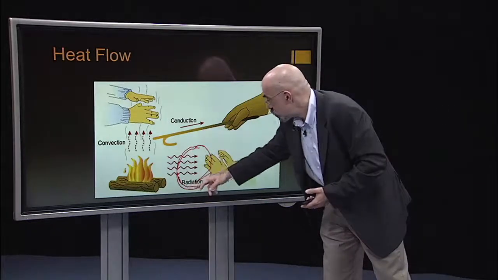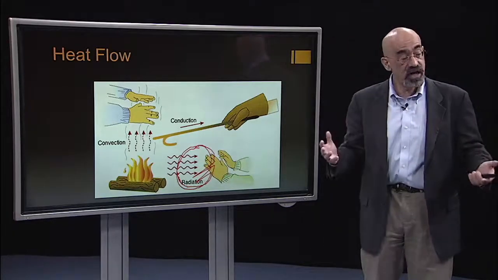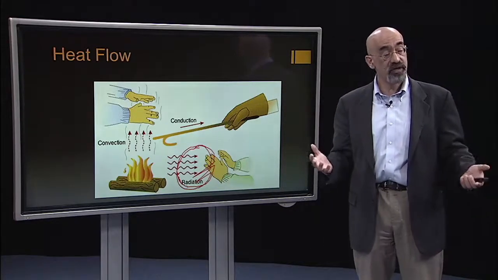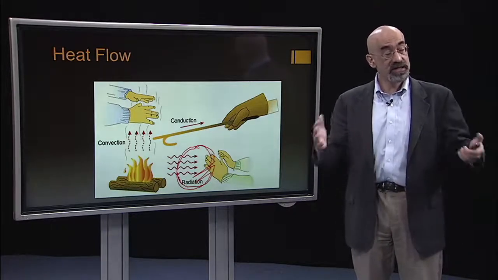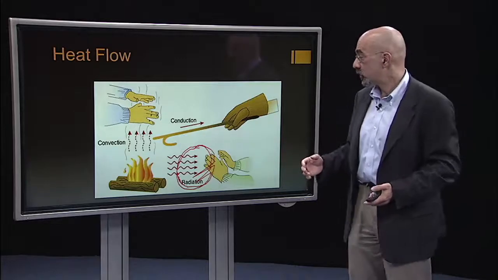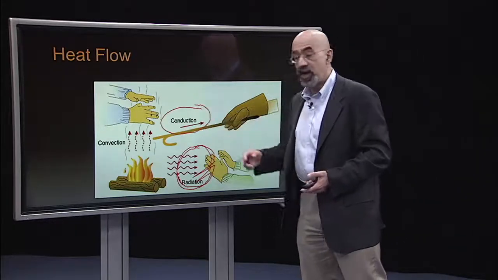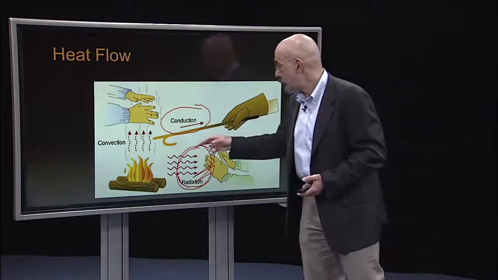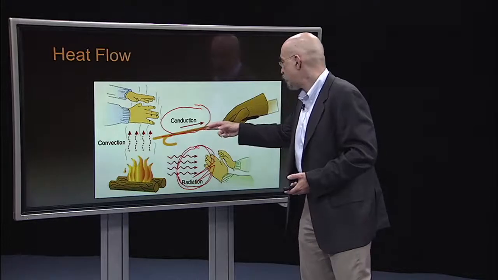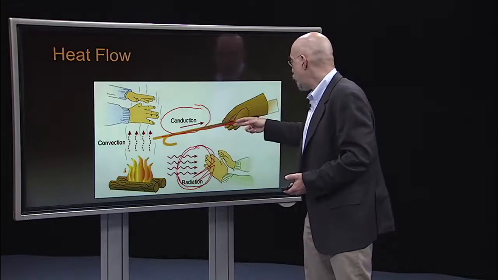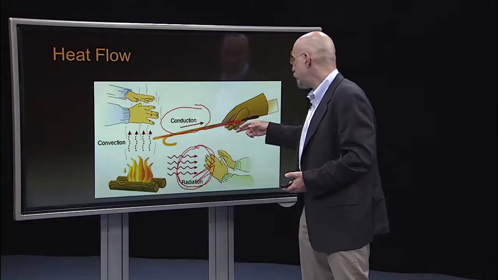Radiation means that the energy is carried outward by light, by photons, by optical photons primarily from the sun, infrared photons from planets like Earth and Mars. Conduction is when the heat is carried by electrons. If you have a piece of metal, you heat one end, the electrons will move along that metal and carry energy with them.